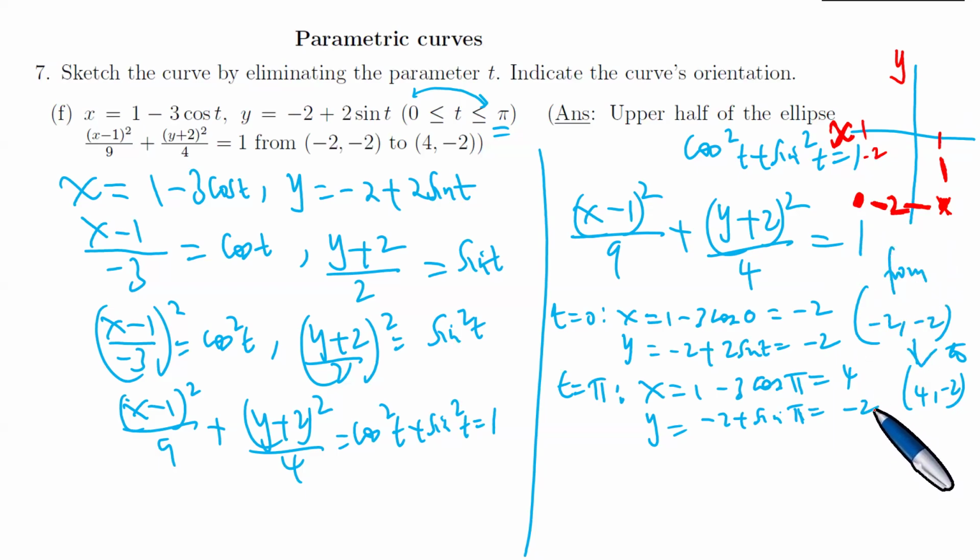And then here, whenever x is 4 and y is -2. Okay. There's something like this.